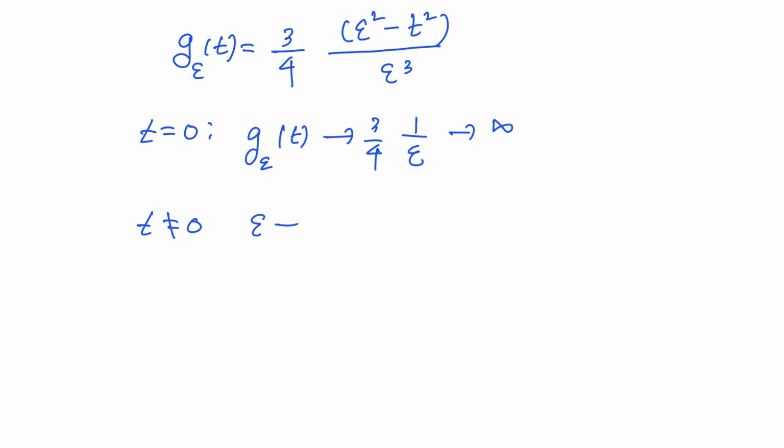If epsilon approaches 0 and t is not equal to 0, then the function becomes 0.